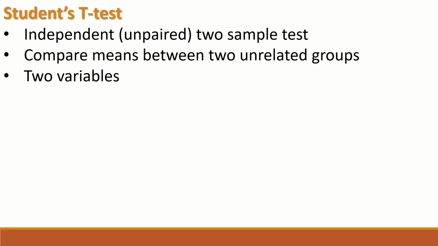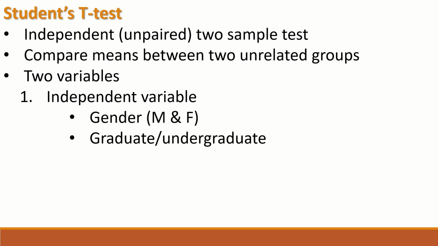So there should be two variables. One variable is the independent variable, and this independent variable is categorical. It has only two groups in it. It is binomial, only two groups.